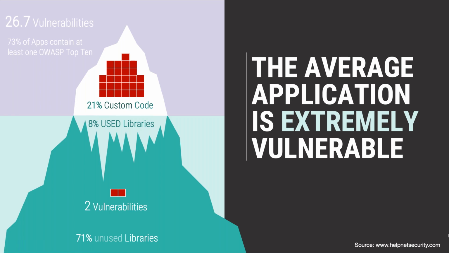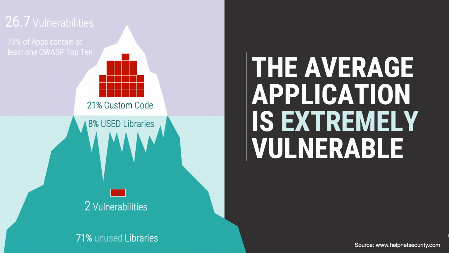Now, one of the things you need to be able to do is to focus your AppSec efforts on the places in which there are actually vulnerabilities. So you've got to be able to focus on the right areas of the custom code. And you've got to be able to separate the wheat from the chaff in terms of the open source libraries. Modern software is more and more dependent on open source software and libraries, but an awful lot of those libraries are not used, particularly when you take into account the dynamic behavior of applications as they run.